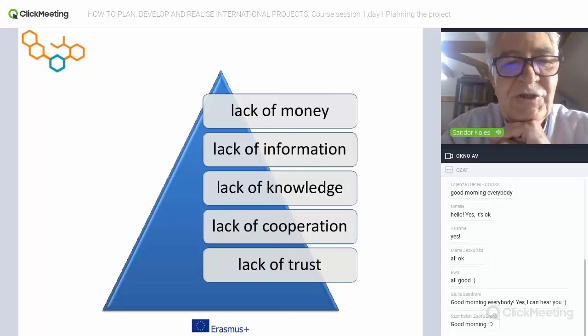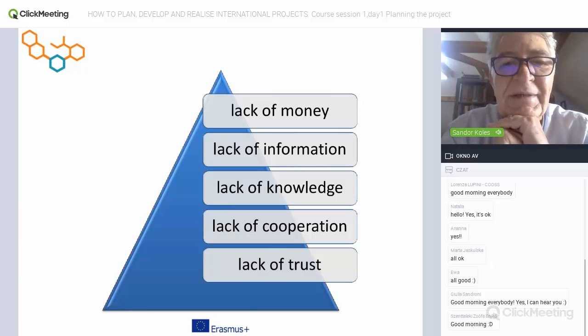I hope very much that you can see the first slide, which is a kind of structure of the shortage, or the lack, of issues and problems that local communities, NGOs, civil society organizations, and sometimes local governments are facing, which is the lack of money. If you ask local communities, what are the biggest problems in your community?